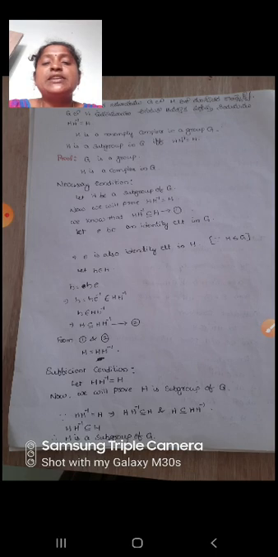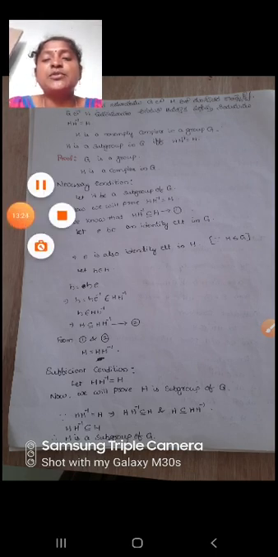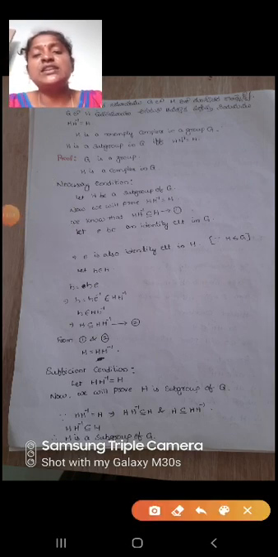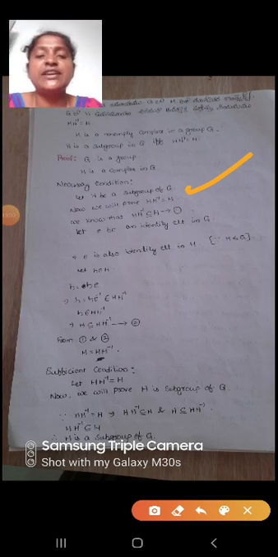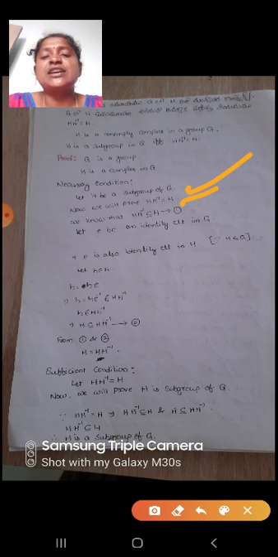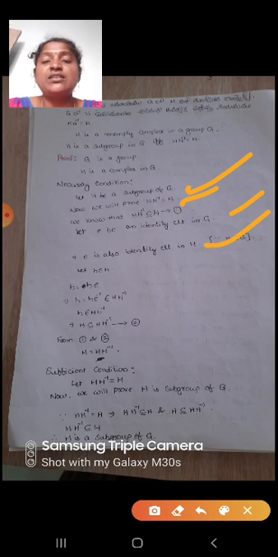G is a group, H is a complex in G. Necessary condition, let H be a subgroup of G. Now we will prove that H into H inverse equal to H. We know that just now we proved H into H inverse is a subset of or equal to H. Next, let E be an identity element in G. So that implies E is also identity in H because H is a subgroup of G.